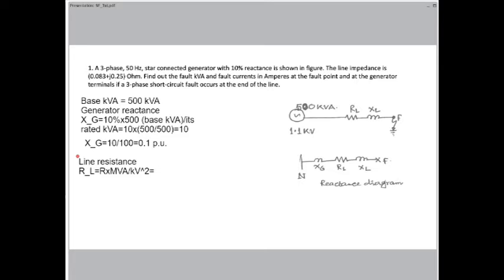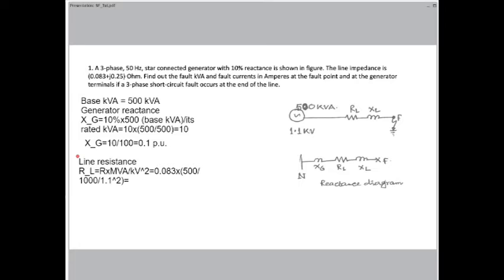So if we write it, the R value is 0.083 times MVA. What is MVA? We have 500 kVA, so 500 over 1000 will be MVA, divided by kV squared. kV is 1.1, squared.